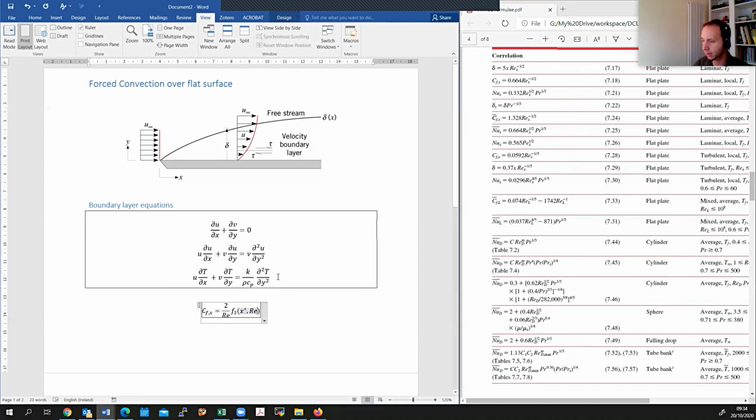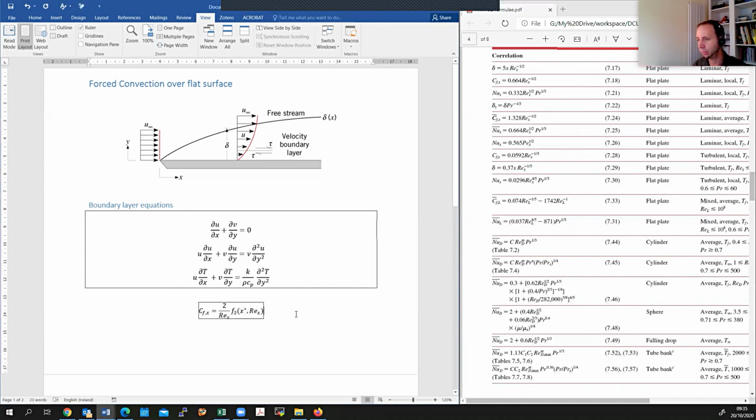They added the x here as a subscript. That's simply there to mean that we use the x position as the characteristic length in the determination of the Reynolds number, and the coefficient of friction is a local value rather than an averaged value.